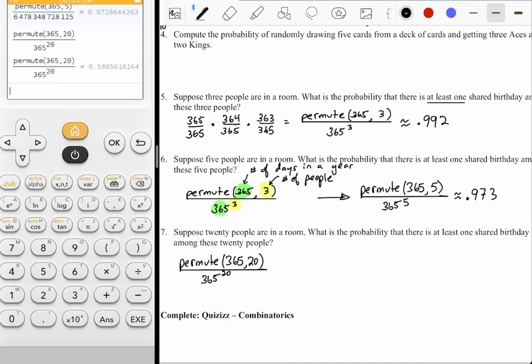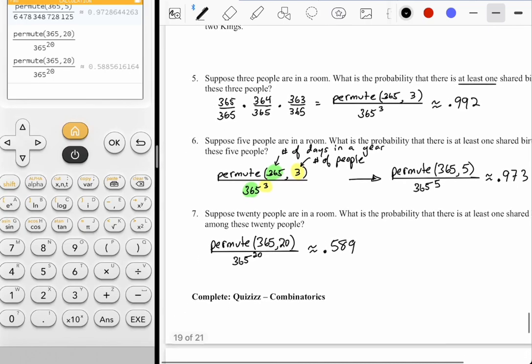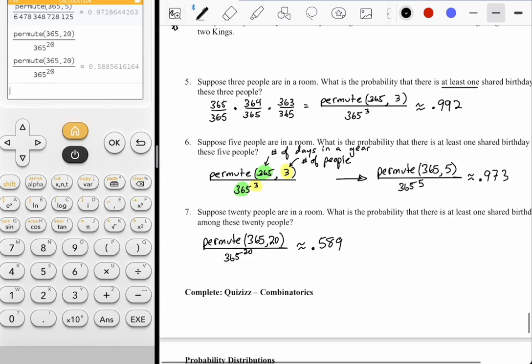So about 0.589. All right. So these are the probabilities that all the birthdays would be different.